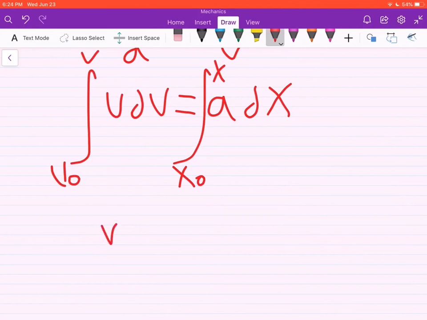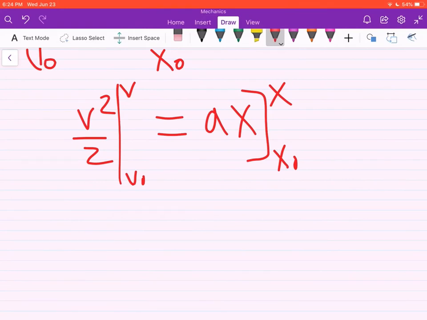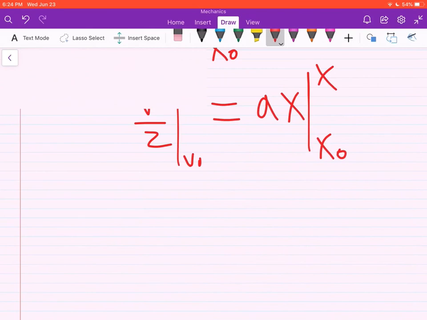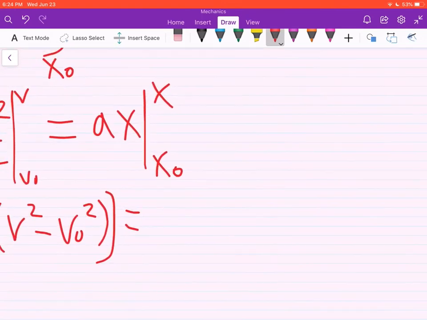The left-hand side is simply going to be v squared over 2, evaluated from v0 to v, and the right-hand side is simply going to equal ax, evaluated from x0 to x, which is basically just 1/2 times v squared minus v0 squared is equal to a times x minus x0.